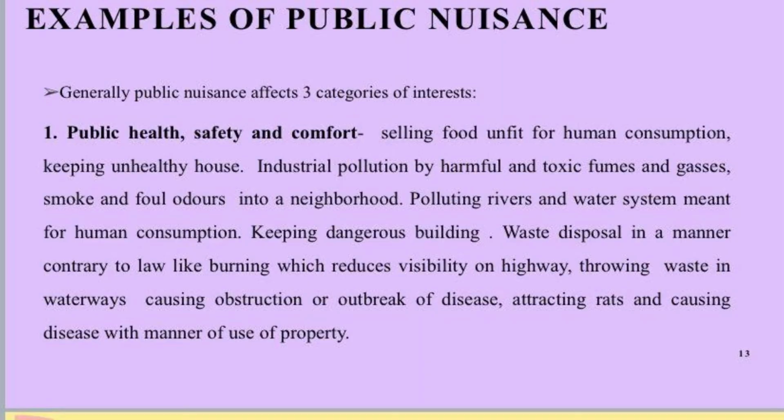There was a time in Nigeria that some people came to dump toxic waste in a town called Koko. When you have smoke or foul odors in a neighborhood, maybe because of poor sewage disposal methods, where you pollute the rivers and waterways, and you do not allow people to have water for human consumption. So you have things that affect the health of the public in general as constituting public nuisance.